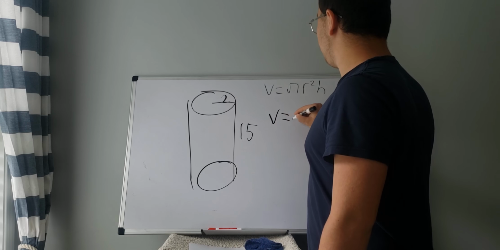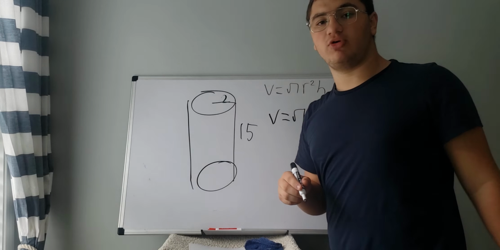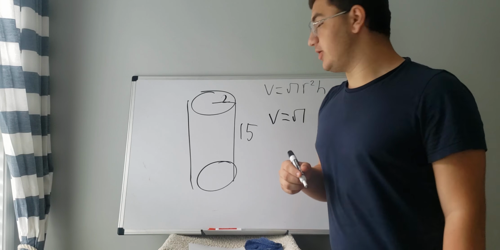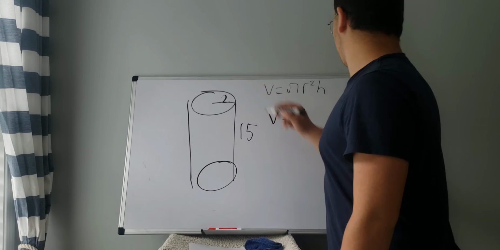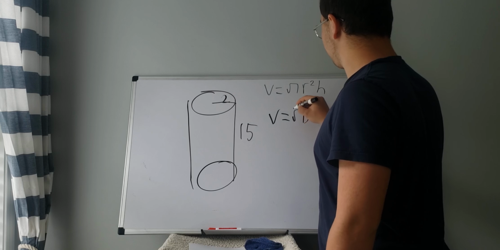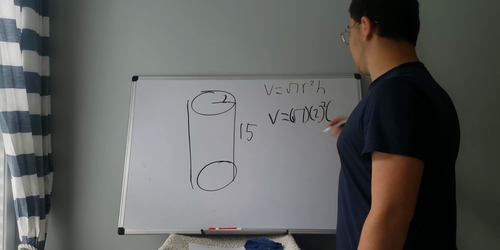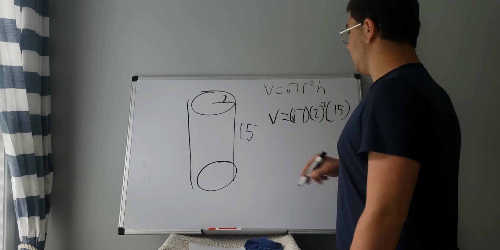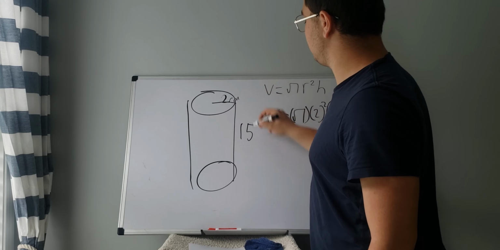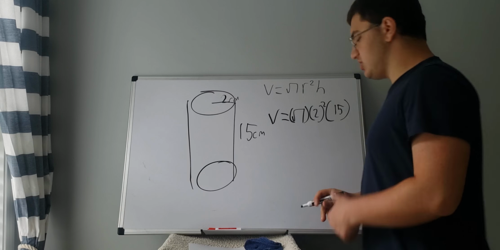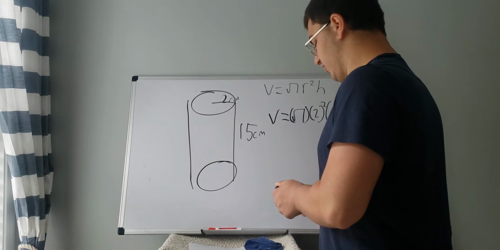So V equals pi, or you can use 3.14 if a calculator is not permitted on your test. Our radius is 2 squared, and our height is 15. These are centimeters. Okay, now it's just a matter of solving.